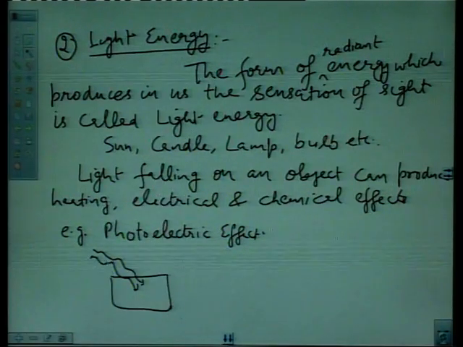If its energy is equal to the work function of the metal, which is the minimum energy required to emit the electrons from the surface of this metal, then electrons are produced, and in terms this light energy can be changed into electrical energy. So, this light can produce electrical effect in photoelectric effect.